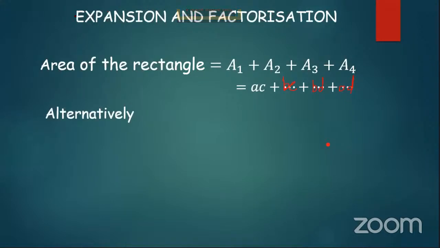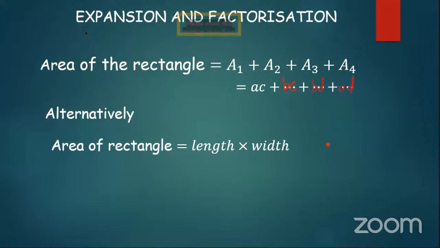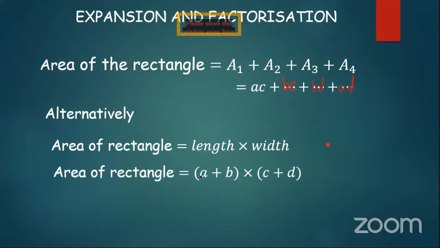Then we can have an alternative. Okay. So alternative, they would have length times width, and that would be A plus B in brackets times C plus D in brackets, like suggested.